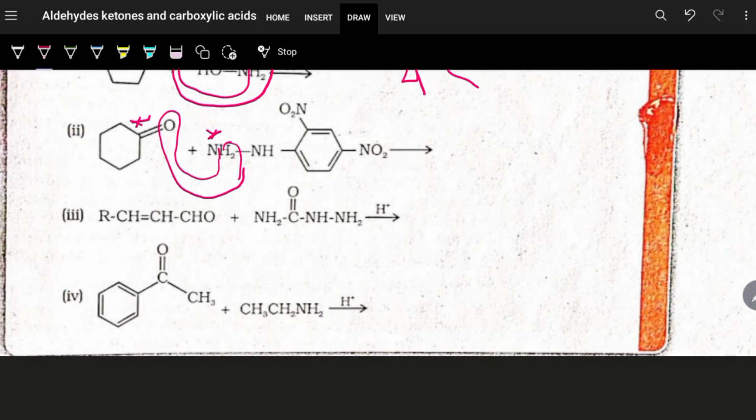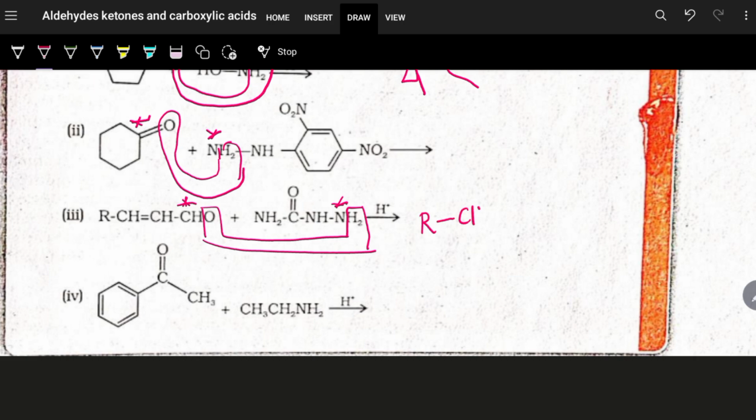Next I can see semicarbazide over here, which is the nucleophilic end. So this H2 and this oxygen will be removed and you have to join this carbon and this nitrogen with a double bond, rest remaining same.